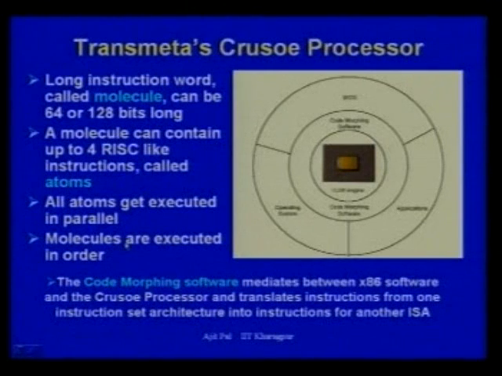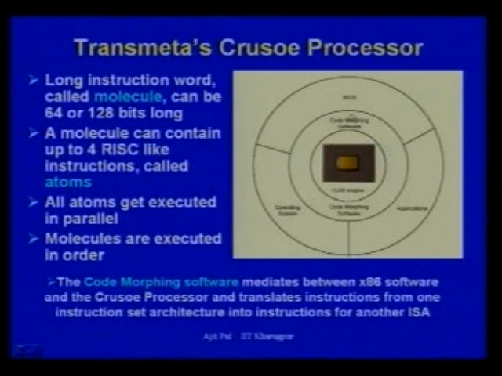And you may be asking, who actually is doing this compilation? There is a software known as code morphing software that mediates between this hardware and the Intel programs, that is your x86 instructions. That means BIOS, operating systems, and various applications like word processing are nothing but Intel instructions.